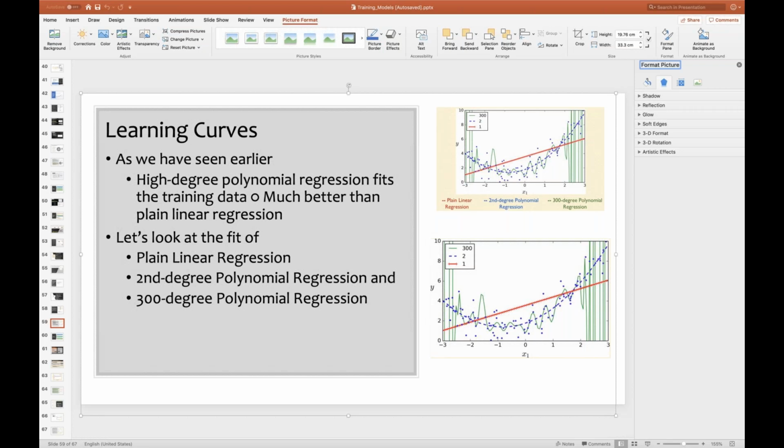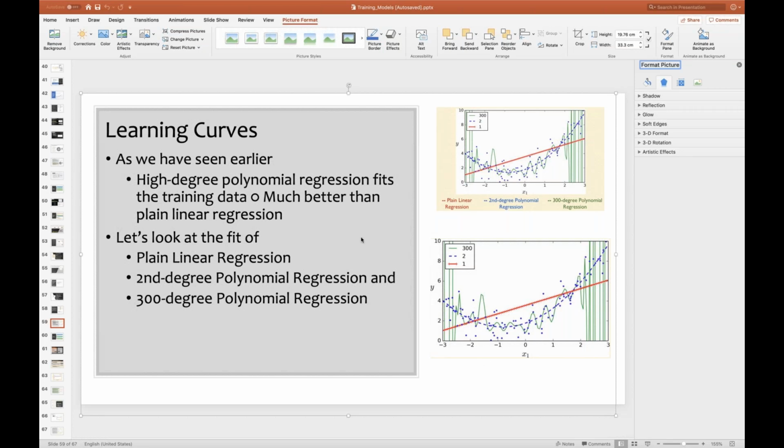When I say 300 degrees, it is multiplication of 300 features with squares of the 300 features. Perfect. When your polynomial regression can do better than the plain regression model, let's test it. Now, let's look at the fit of the plain regression model, the second-degree polynomial regression model, and the 300-degree polynomial regression model.